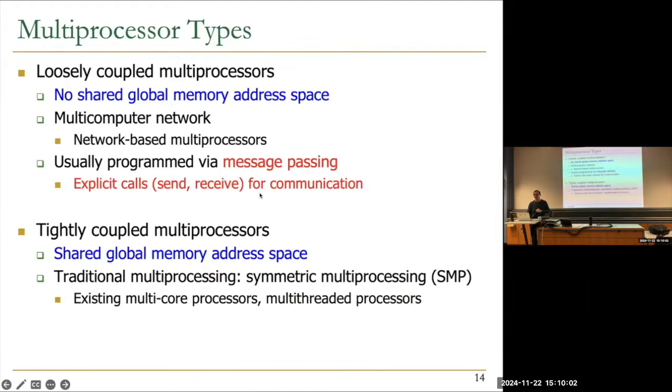Essentially, you send explicit messages to communicate data between the processors, because there's no other way, in a sense. You cannot say load from location X. You could say that, but there has to be some software level that translates that to messages.